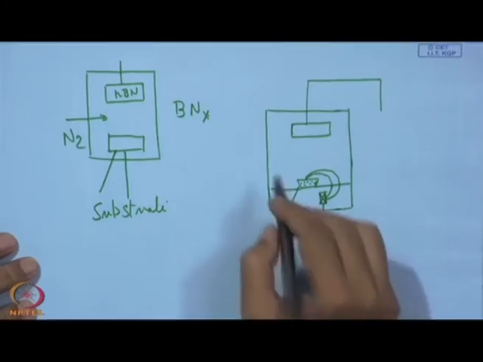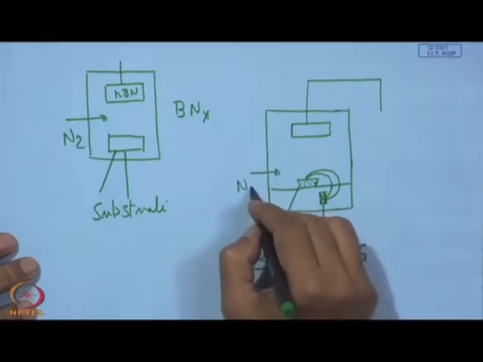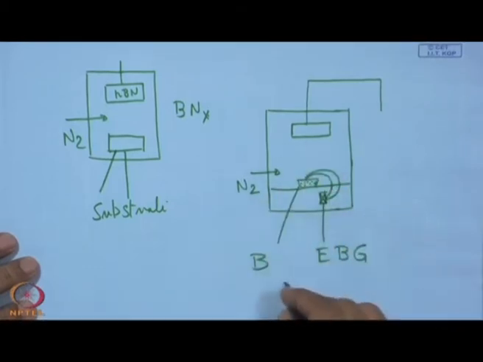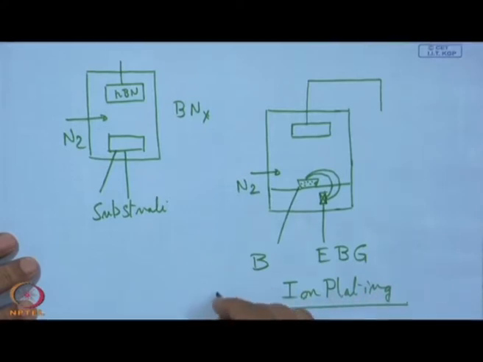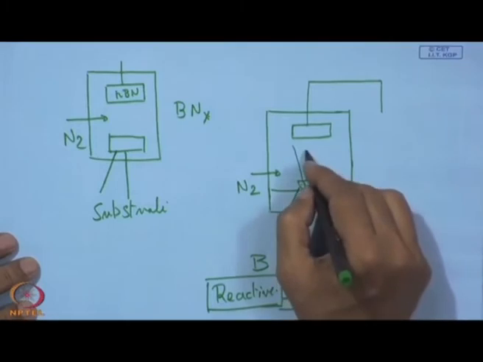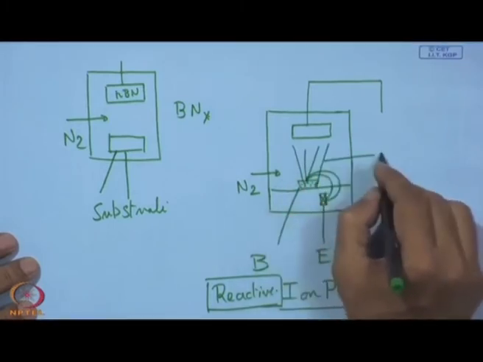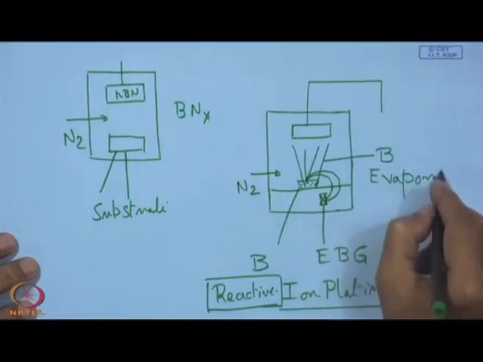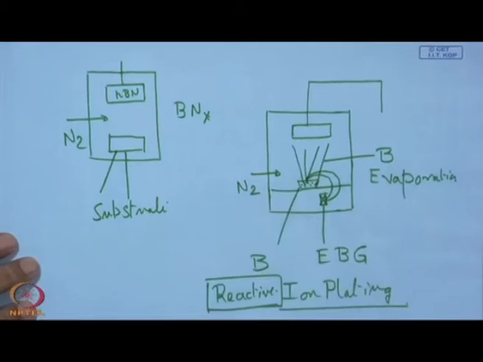So, it is boron, and at the same time we have entry of nitrogen, and this is exactly what we call ion plating, reactive ion plating. That means here we have boron evaporation and admittance of N2.